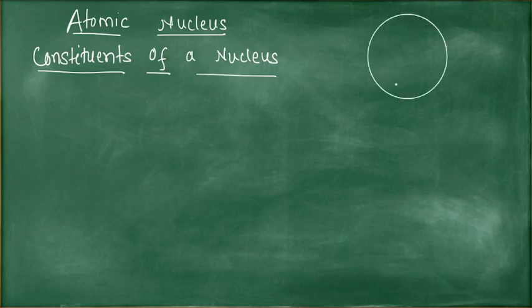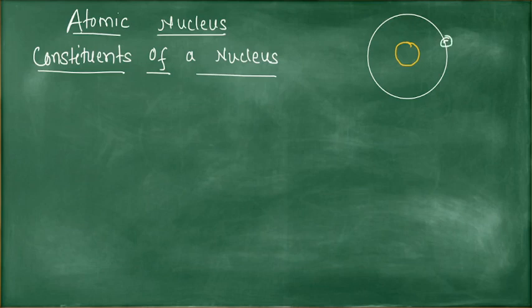So at the center of the atom, the major part of the atom is empty, but at the center there is a small massive part which is positively charged. This positively charged massive part is called the nucleus according to Rutherford's atomic model.